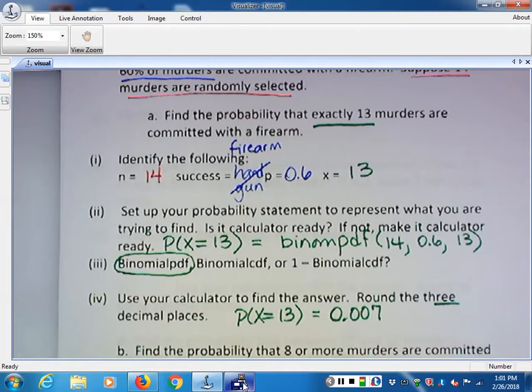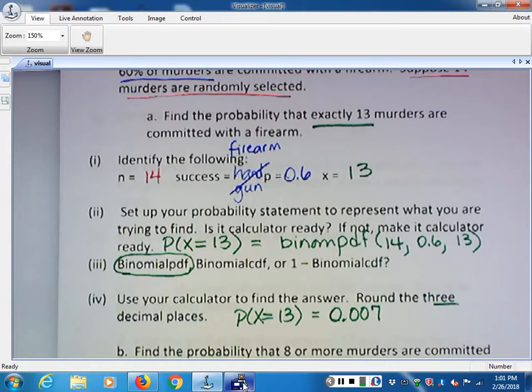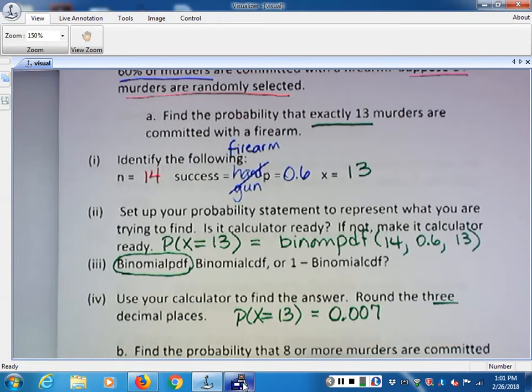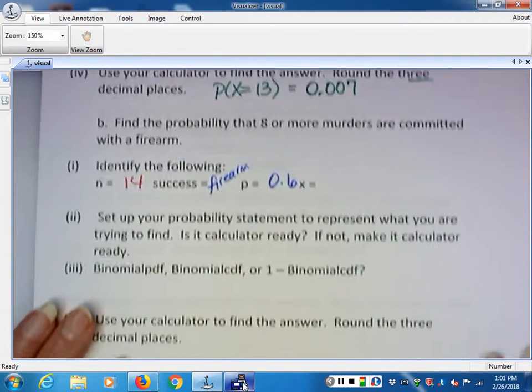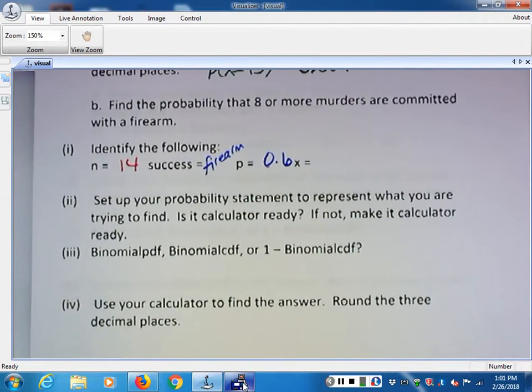Next one has the same setup. N is still 14. Still talking about a firearm being success. And the probability is 0.6 that the firearm was used. But now the question is, what is the probability that 8 or more?